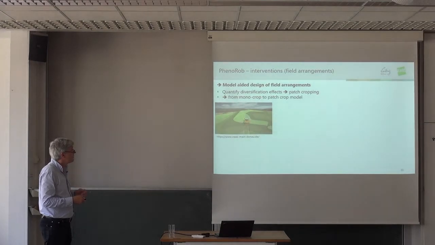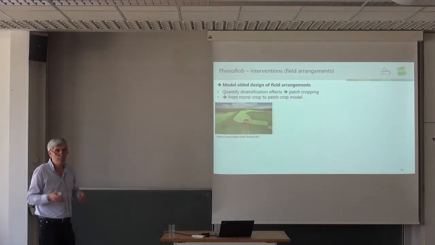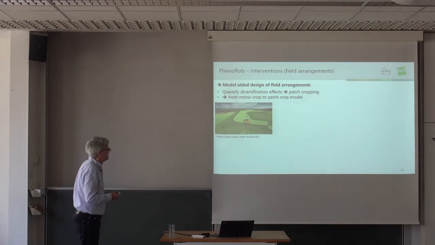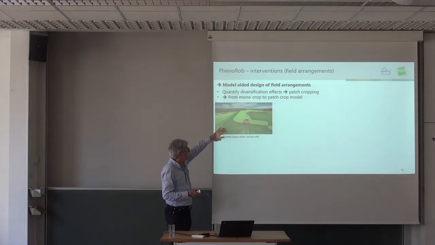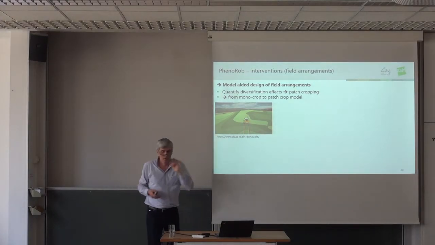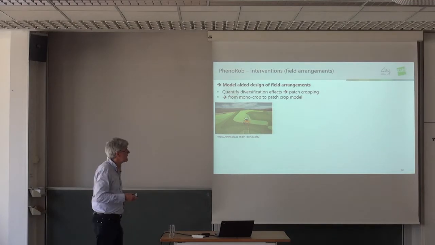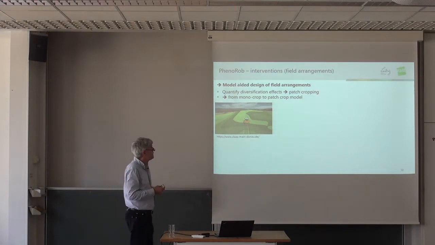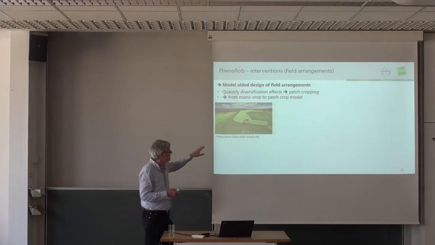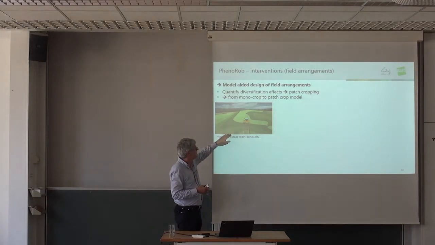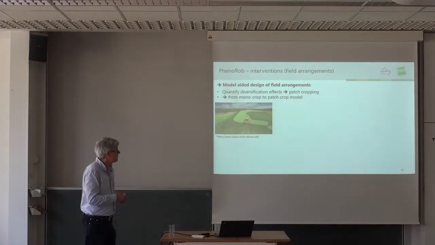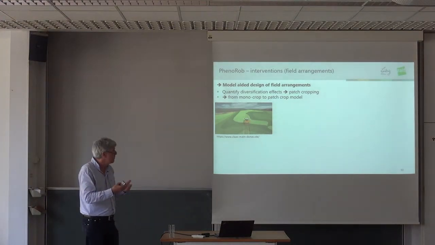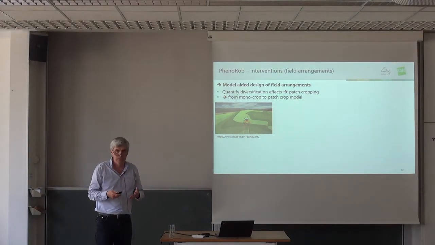Good. Last point, patch cropping. We call it patch cropping; the term is not coined yet. We presently discuss precision agriculture in a way that we have these heterogeneous fields. Wolf also made a point about soil heterogeneity, treating the different parts in the field differently with nitrogen fertilization, etc. But we may also think of accounting for that variability by our arrangements of the crops.